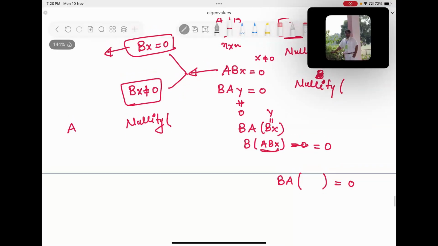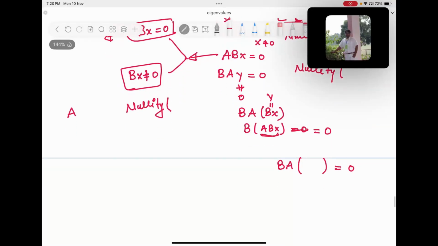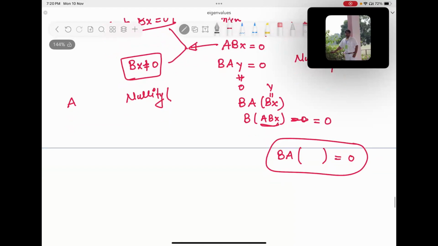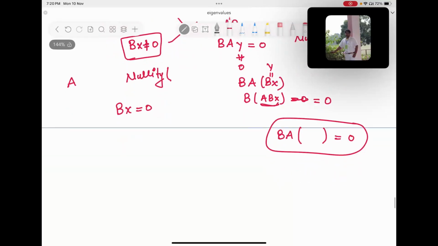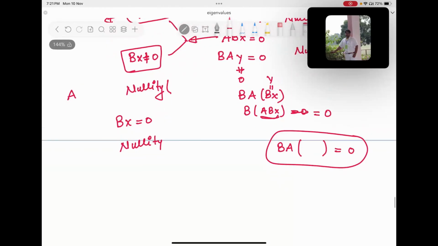Let me do it in a different way. In this case, the left case is Bx equals 0. So what can you say about the nullity of B? B is not a 0 matrix, so AB.